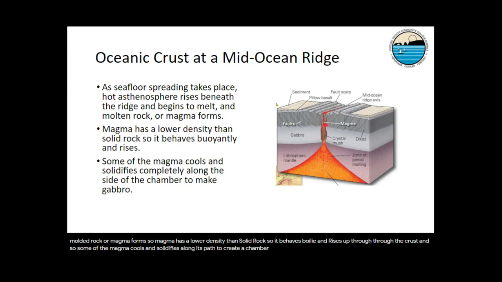So in this example here, we have hot asthenosphere rising through the lithosphere and can cool on its way up to create these chambers, which are made of gabbro, which we will talk about in future lectures when we talk about igneous rocks. And the magma then reaches the surface. And here is where we have our mid-ocean ridge axis, and this is where spreading occurs between the two plates.